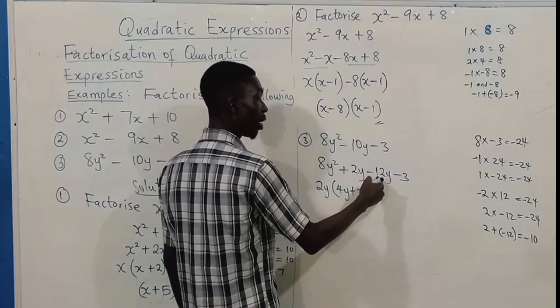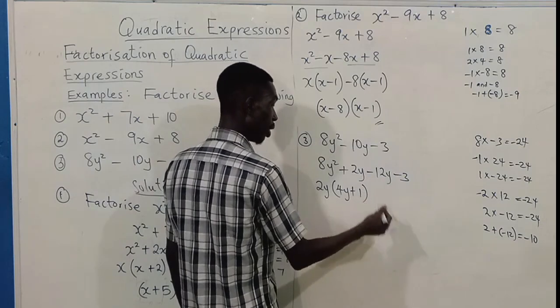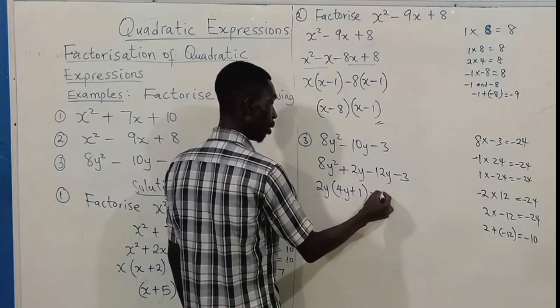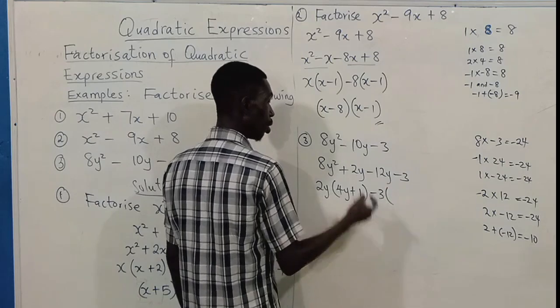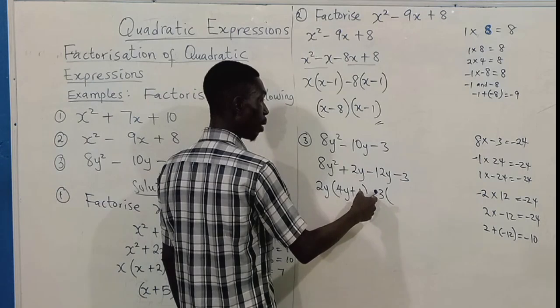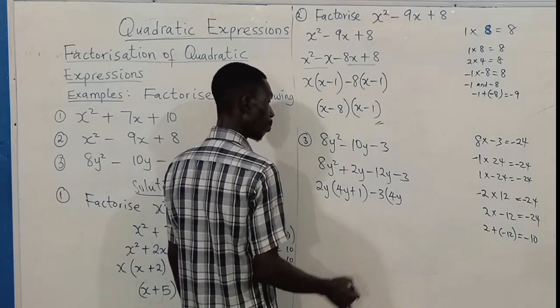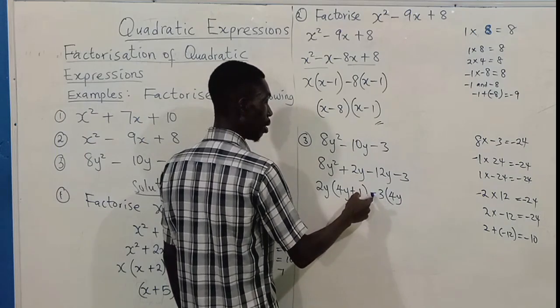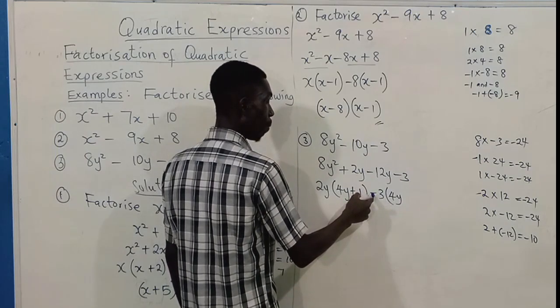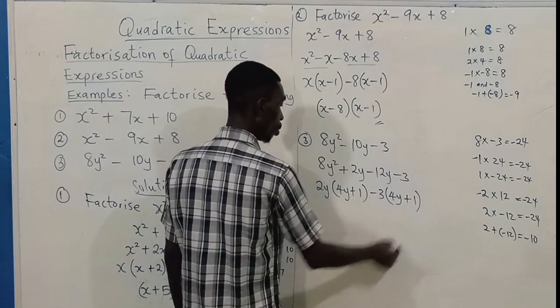Then we come over here, the HCF of minus 12y minus 3 is minus 3. So minus 12y divided by minus 3 gives us 4y, and then minus 3 divided by minus 3 gives me plus 1.